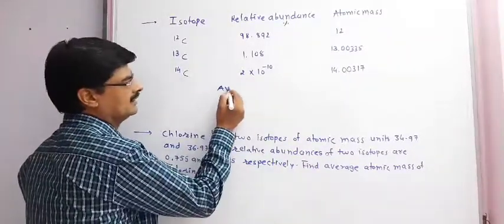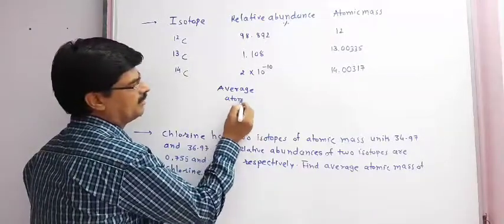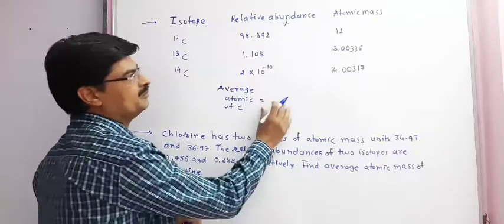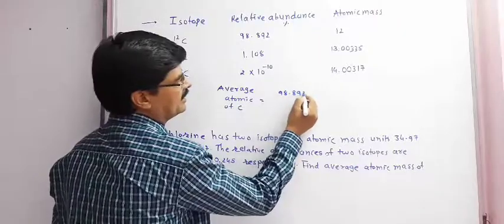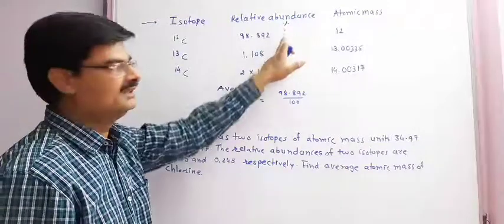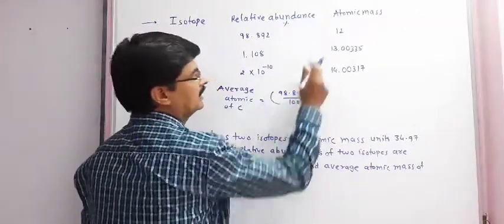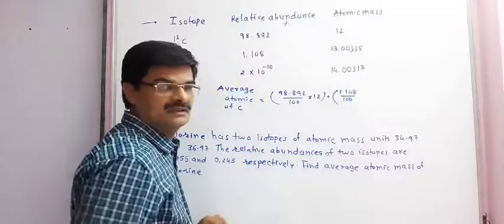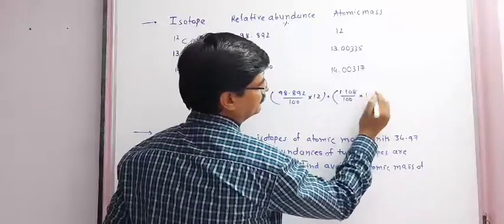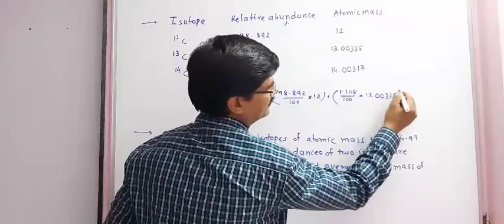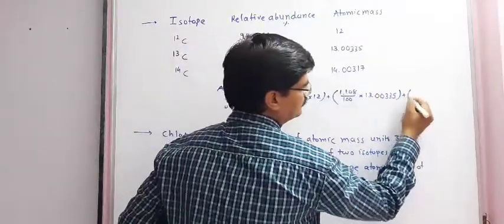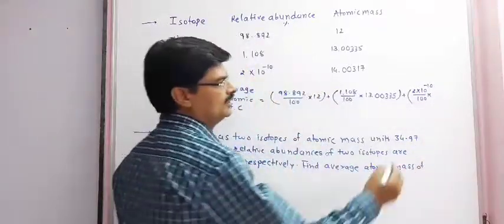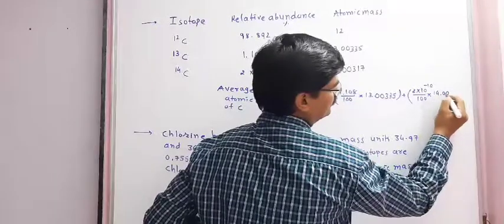To find out the average atomic mass of carbon, we can do this simple calculation. 98.892 divided by 100, because percentage is given, that is why divided by 100, into 12, plus 1.108 divided by 100 into 13.00335, plus 2 × 10^-10 divided by 100 into 14.00317.